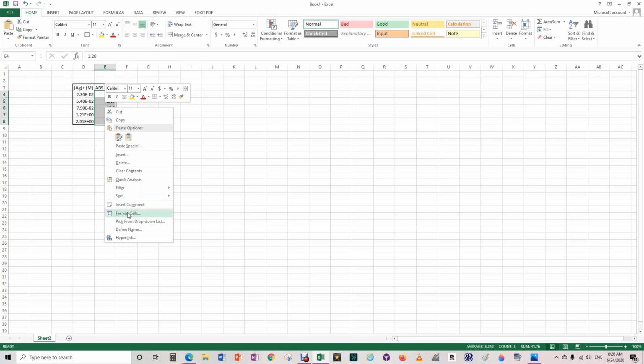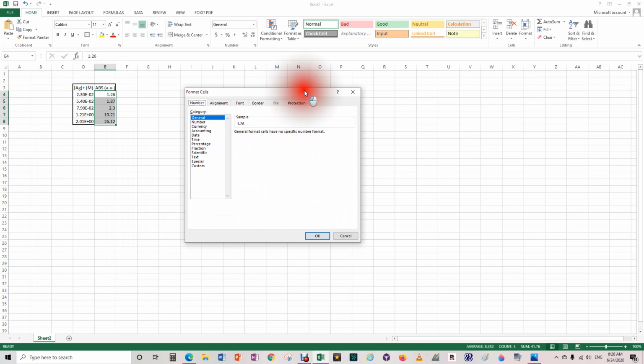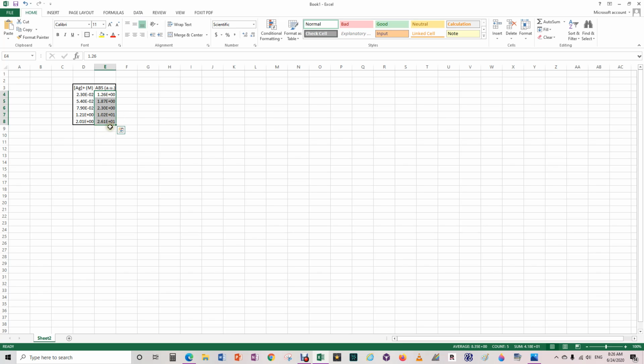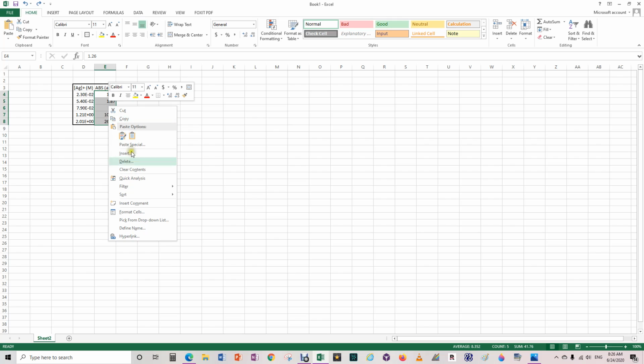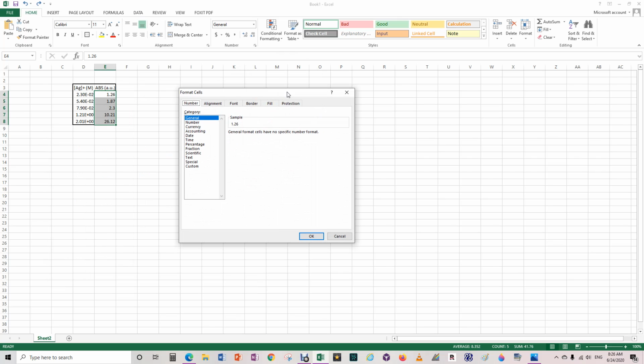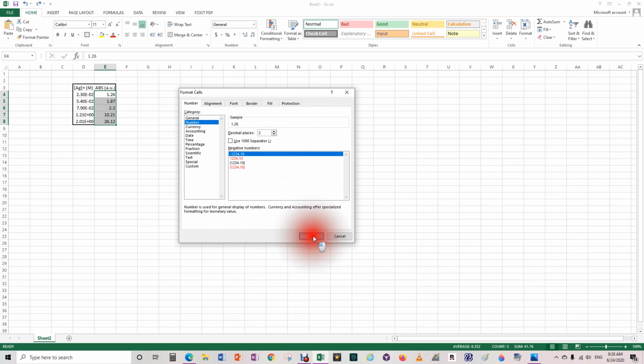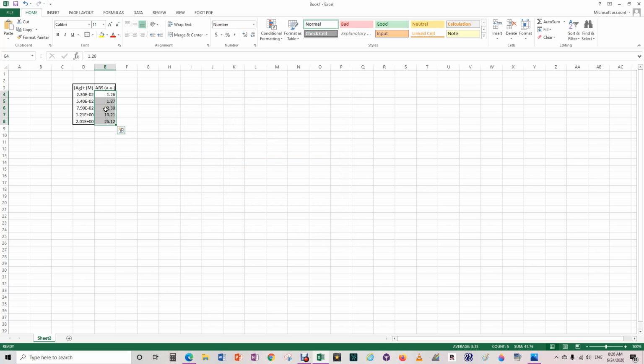So you go to format cell. This time, instead of scientific, because if you go to scientific and say 2, the last one becomes 3 significant figures, even though this should be 3. So let's go to numbers, and the decimal places will be 2. Just press that. See, the 2.3 becomes 2.30.